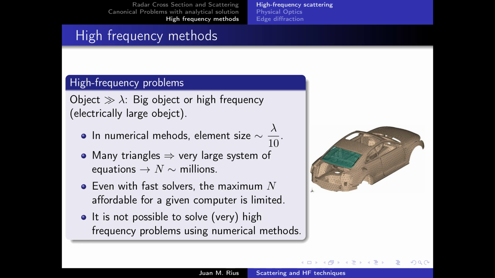There was a lot of work in method of moments and FDTD, etc. But at that time, there were no fast solvers. The only way to solve the linear system was a direct or an iterative solution, maybe using a simple preconditioner, but there was no way to accelerate the iteration and to save memory.